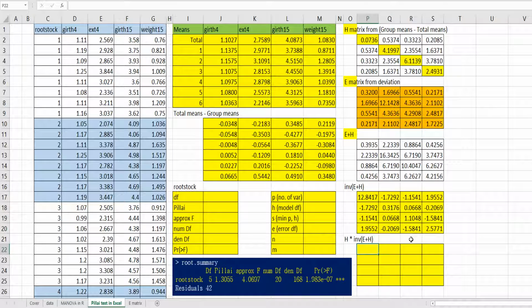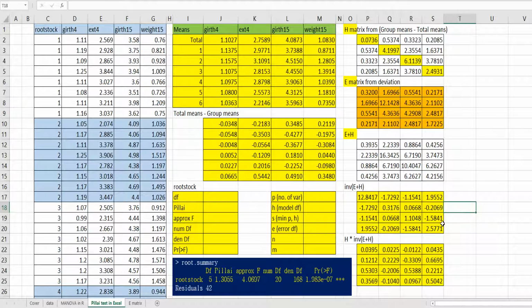Then H times the inverse of E plus H: select, MMULT, H matrix here, comma, and the inverse matrix, and Control Shift Enter.